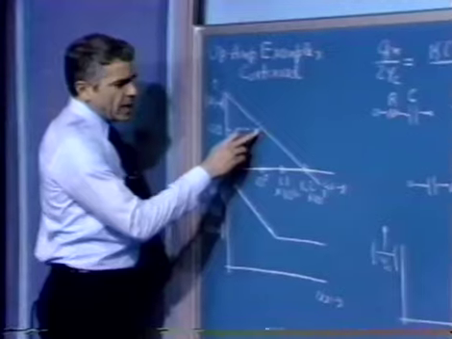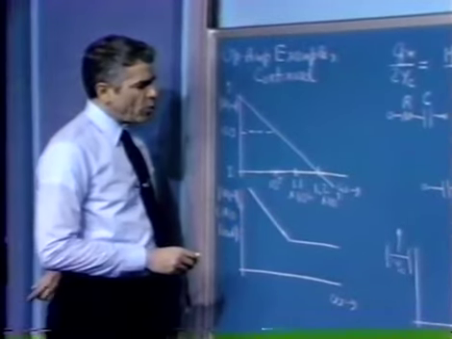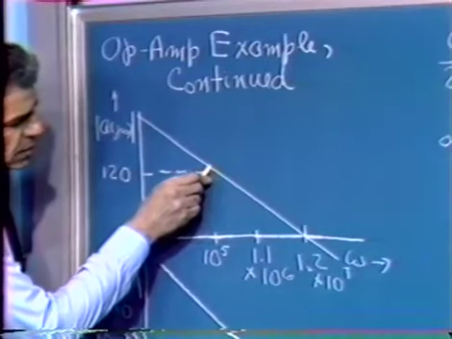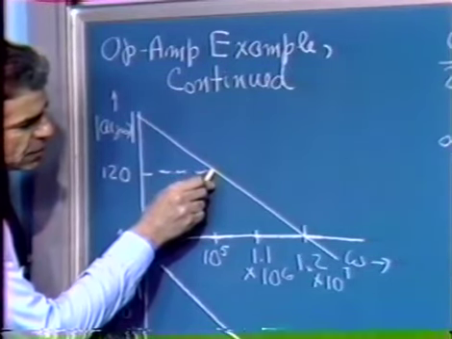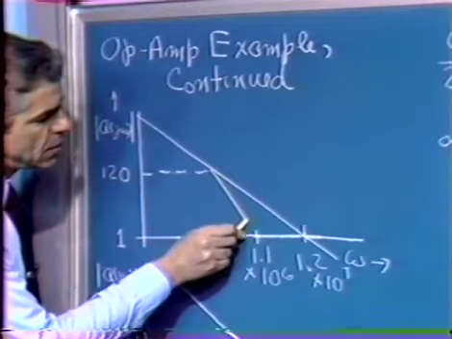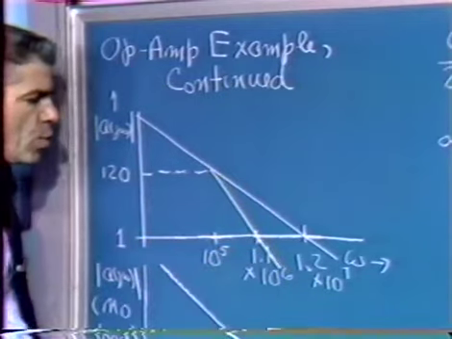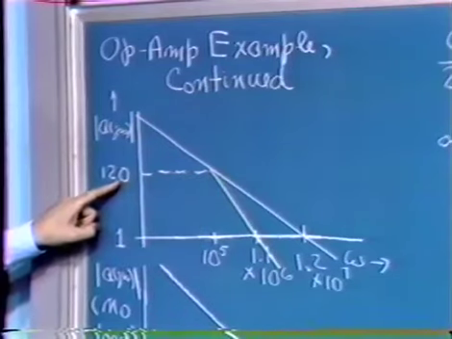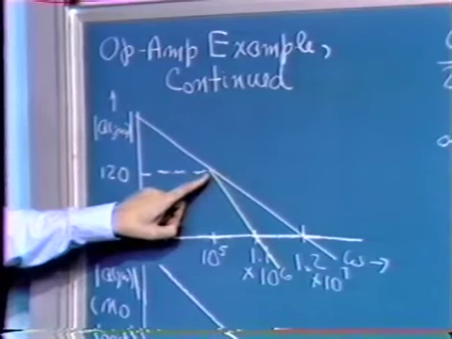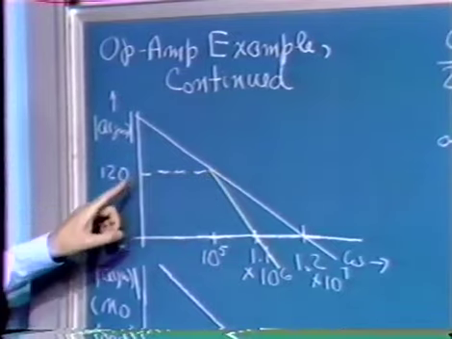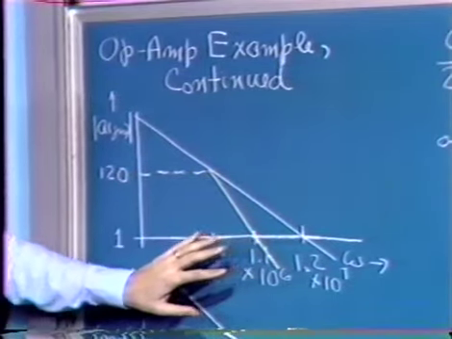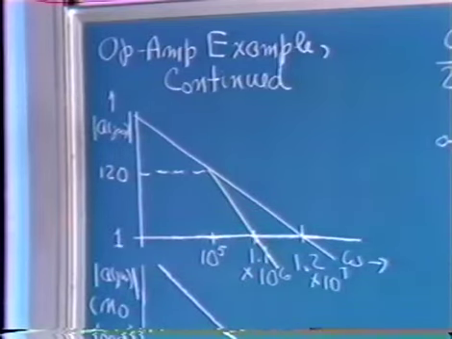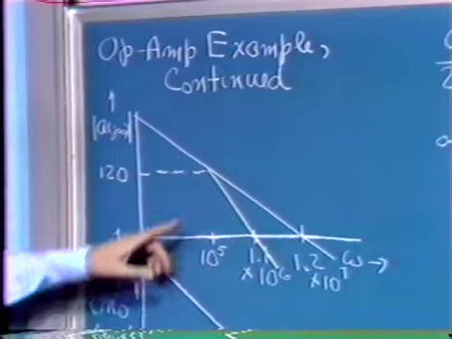If we add one additional pole to the open loop transfer function of the amplifier, our resultant A(s) will be this. We notice that the magnitude of the open loop gain at the frequency where the pole is located is about 120. It's back a factor of 120 from the unity gain frequency that results with a single pole roll-off.